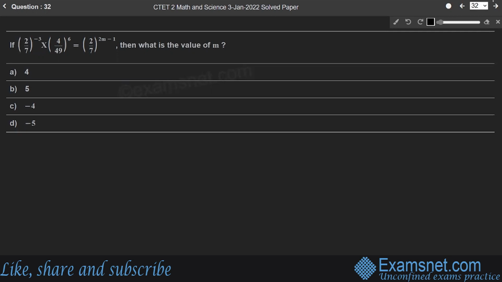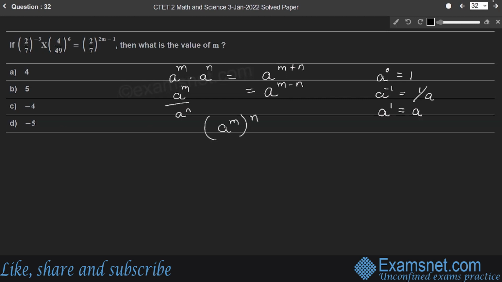Here we are using several formulae. a^m × a^n is a^(m+n), whereas a^m divided by a^n is a^(m-n). a^0 is equal to 1. a^-1 is 1/a, whereas a^1 is equal to a. (a^m)^n is a^(mn).